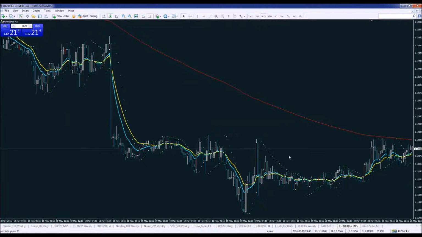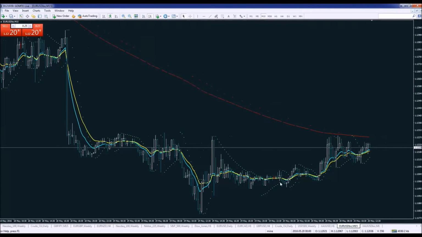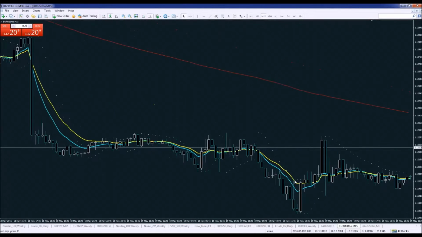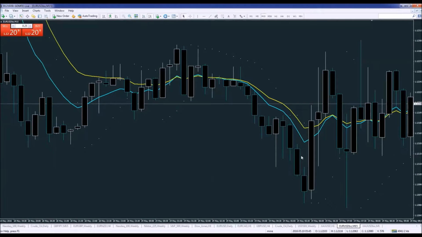Sometimes we can see that the market ends up in a sideways direction like this one, because we already took a look at the perfect conditions. Let's take a look at the not so perfect conditions, for example. When the market ends up in a sideways direction, the worst possible scenario is a smaller amount of parabolics that can occur.